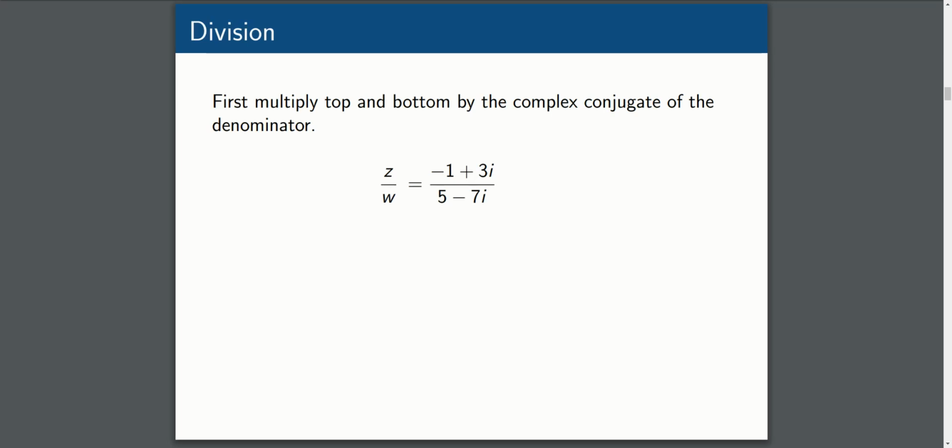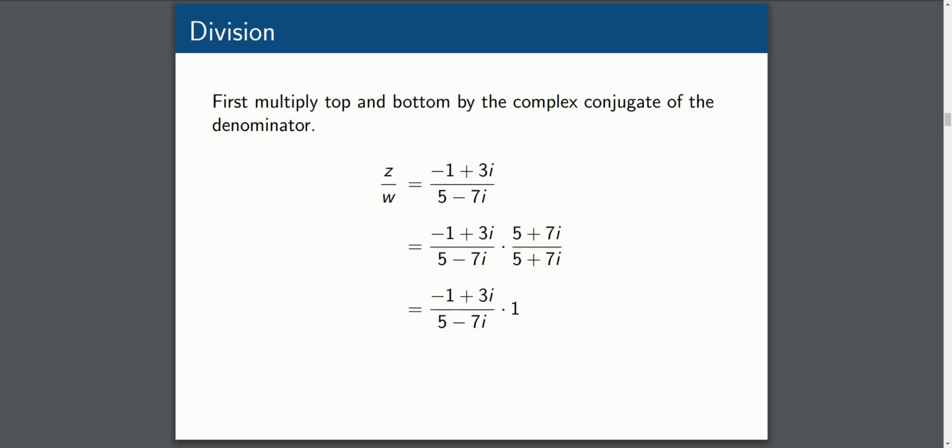So next I set up the multiplication that I'm talking about. You can see that I multiplied top and bottom by 5 plus 7i. That's the conjugate of 5 minus 7i. The first thing I want to ask, is it actually okay that I do this multiplication? Well, notice that the fraction that I have on this second line, top and bottom are the same, so that fraction simplifies down to 1.